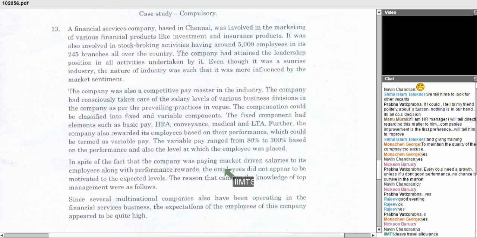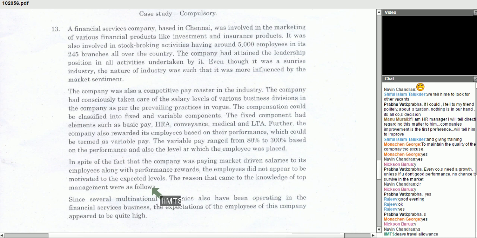See, here comes the problem. Even after the company pays a handsome salary and benefits to its employees, the company is not able to get the performance from its employees as per its standards or expectations. The reasons that came to the knowledge of top management were as follows.